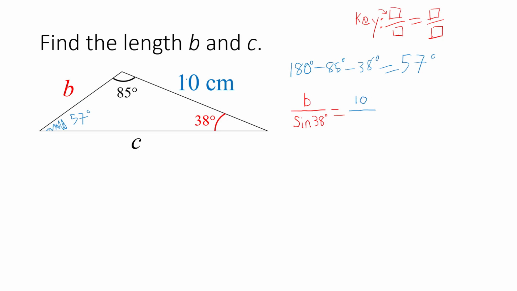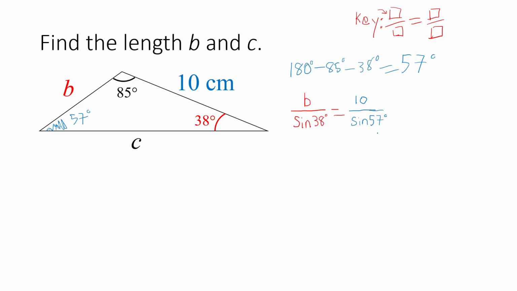Because B is a length, on the numerator side of the right hand side, we must also write the length. Sine, opposite of 10 is 57 degrees.